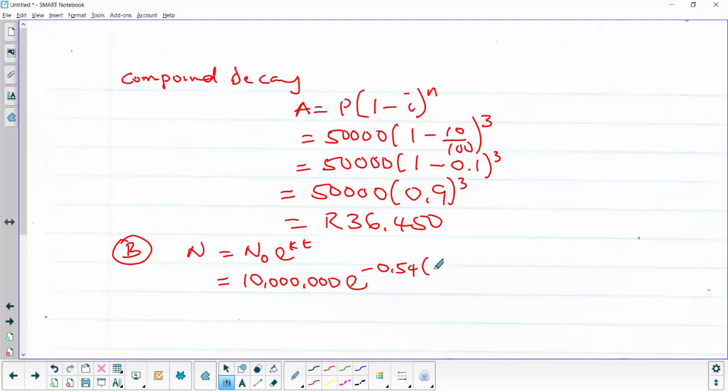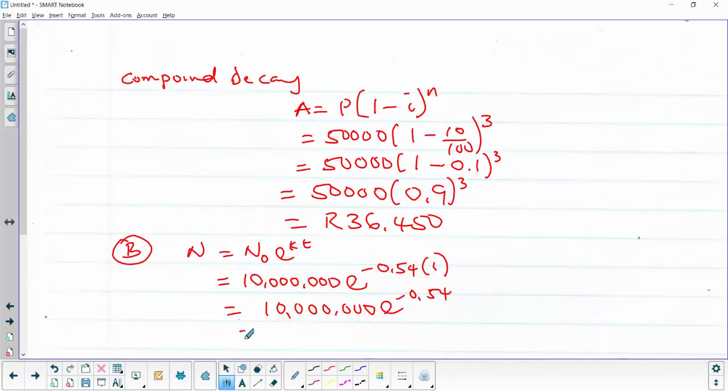Let our time just be 1. So we are going to have 10 million e raised to power minus 0.54.